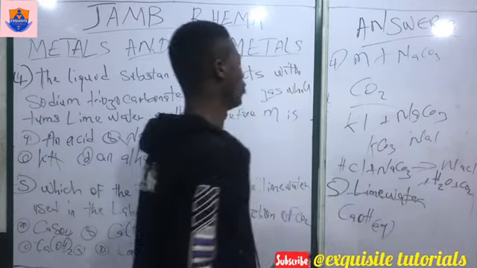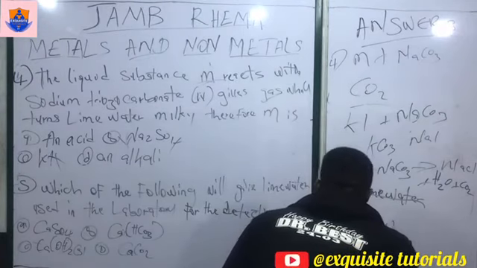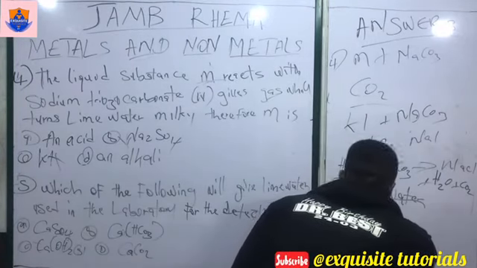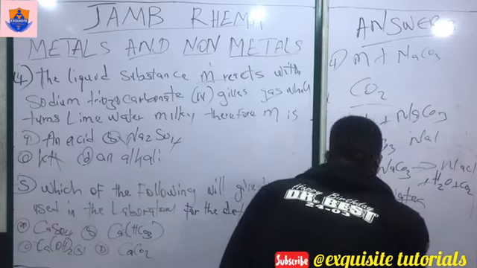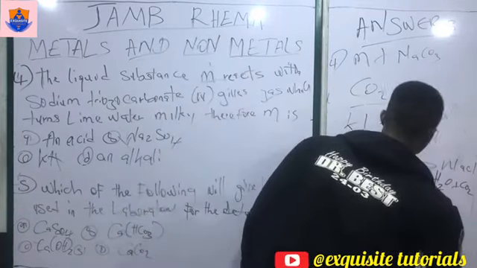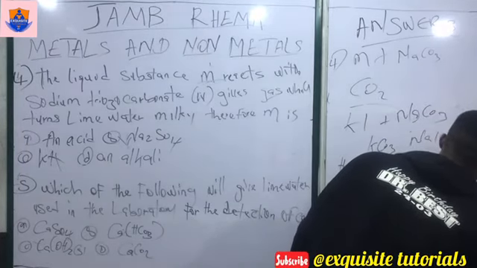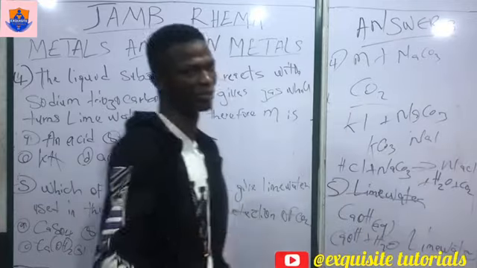Aqueous. Now, when you have calcium hydroxide, your normal calcium hydroxide solid, and you introduce it to water to form the aqueous solution, that aqueous solution is what we call lime water.